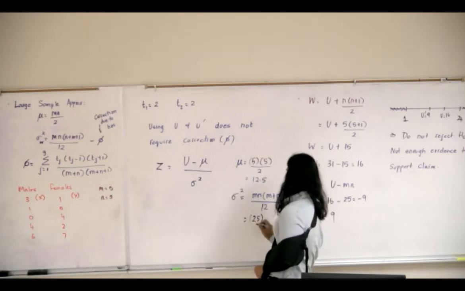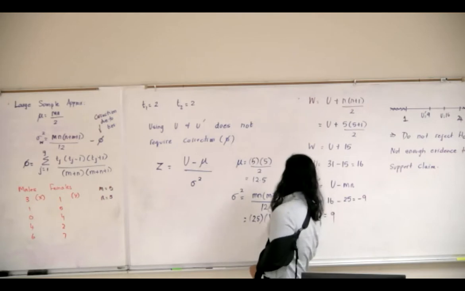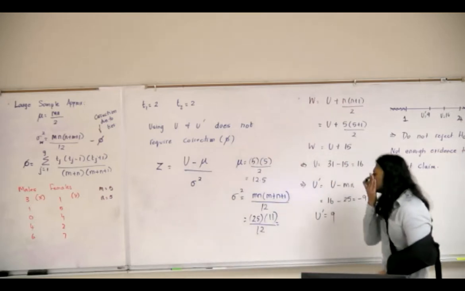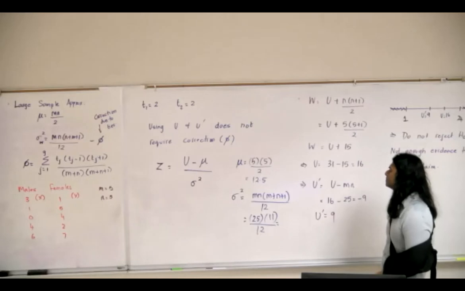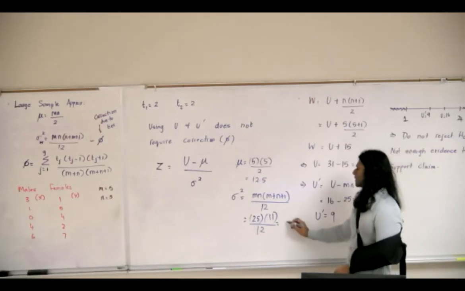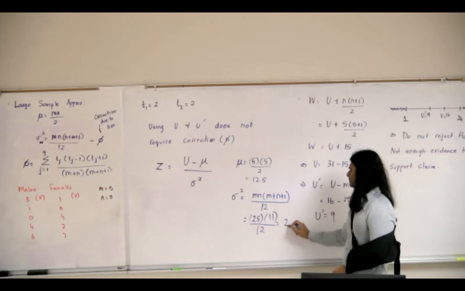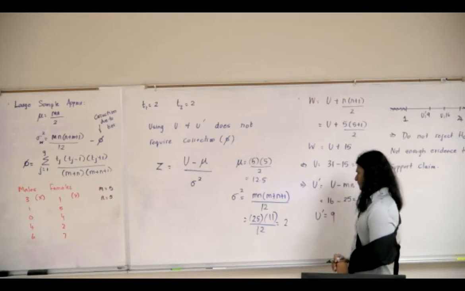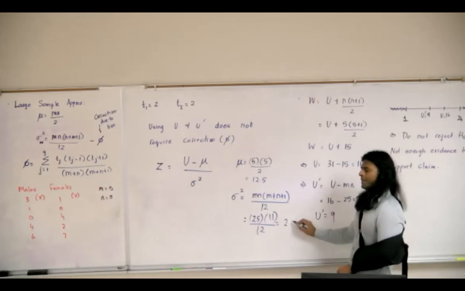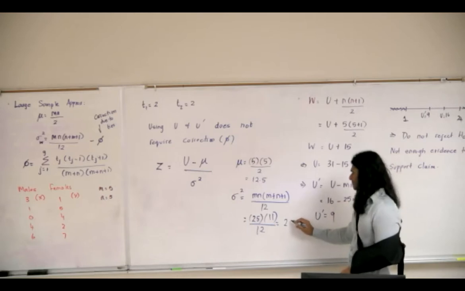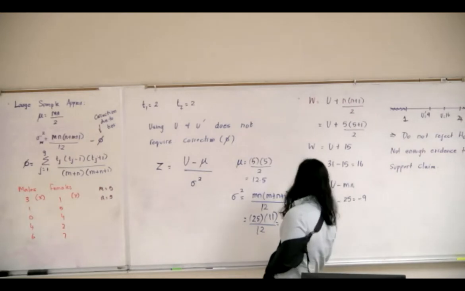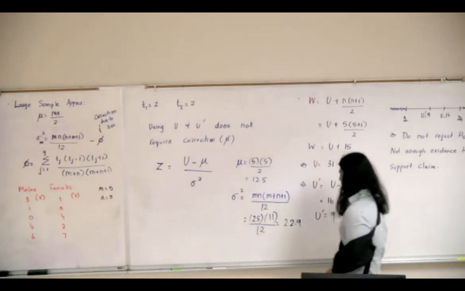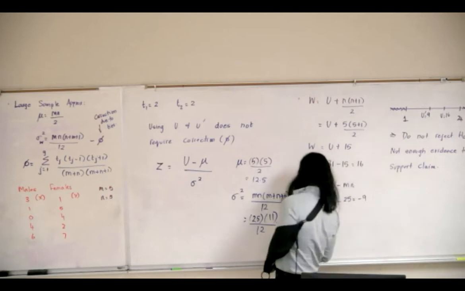So 5 times 5, 11, 12. And just 3 points something. 22, which is approximately 23.